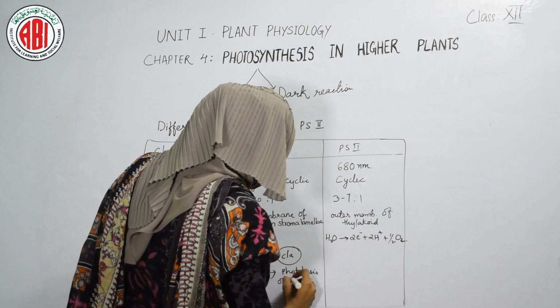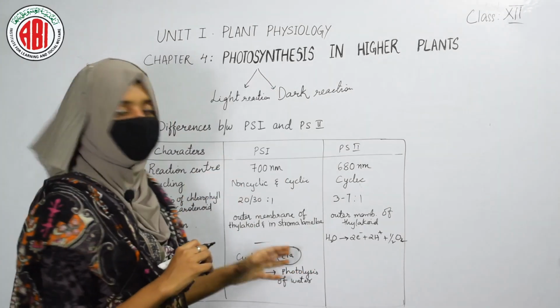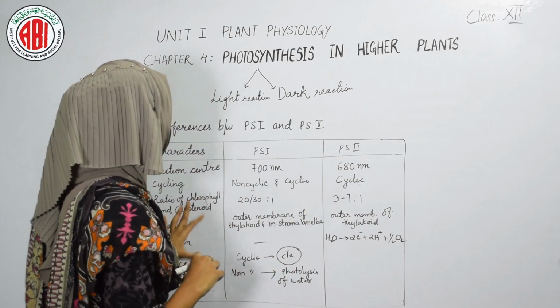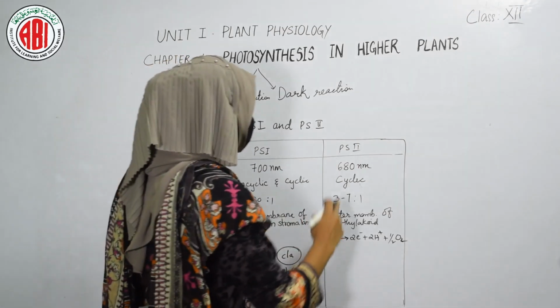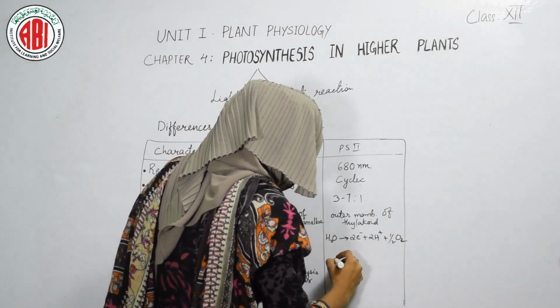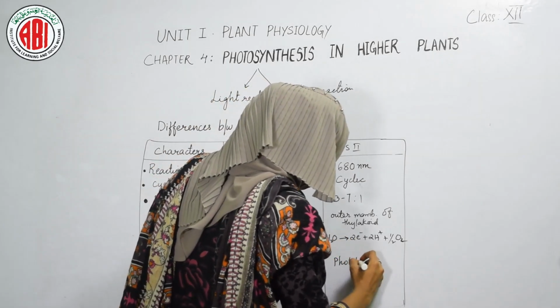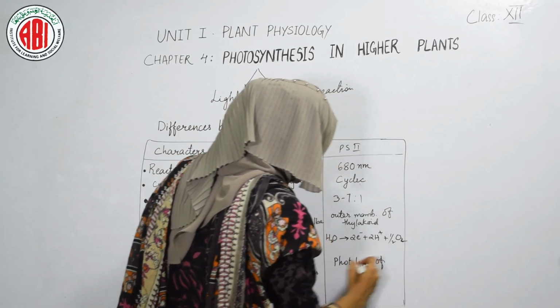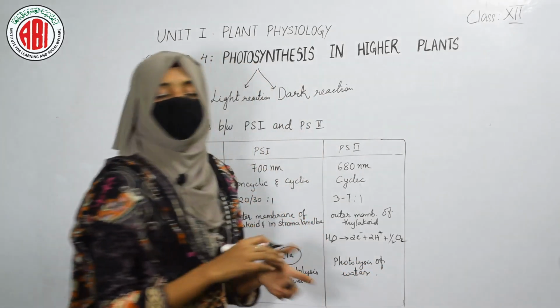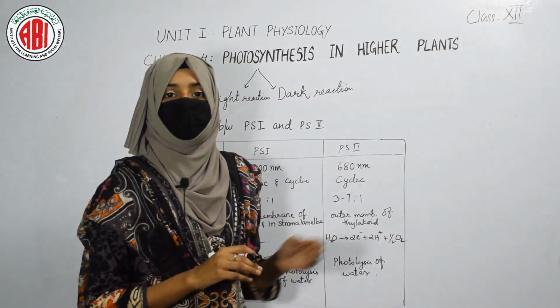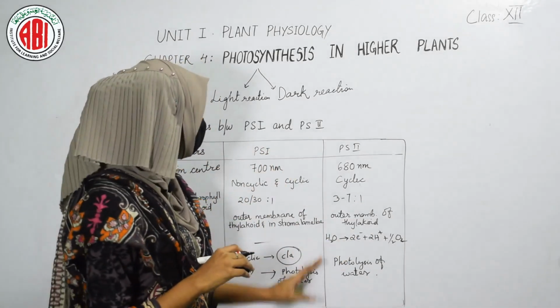After the splitting of the water, the electrons that result are accepted by photosystem 1. Photosystem 2 receives the electrons by photolysis of water, as it is associated with the complex that is involved in the splitting of water.